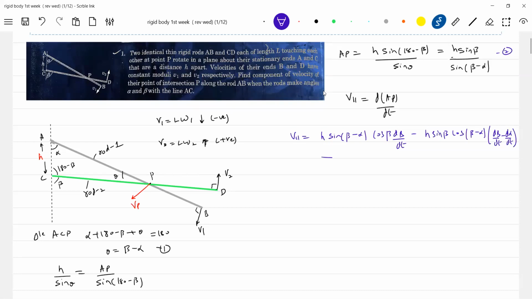Okay, check mathematics. I think this will be fine. What is V parallel? What should I call it? The component of velocity of point P along the rod AB. Almost the problem is over.